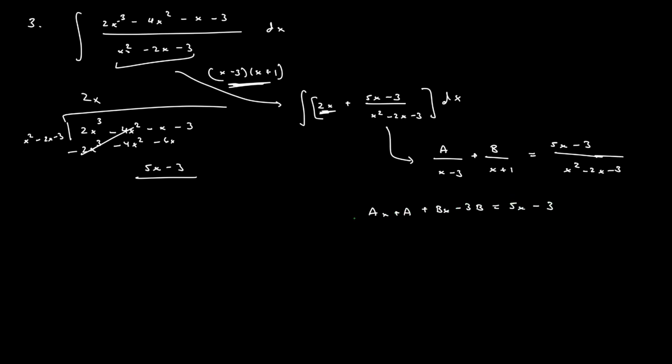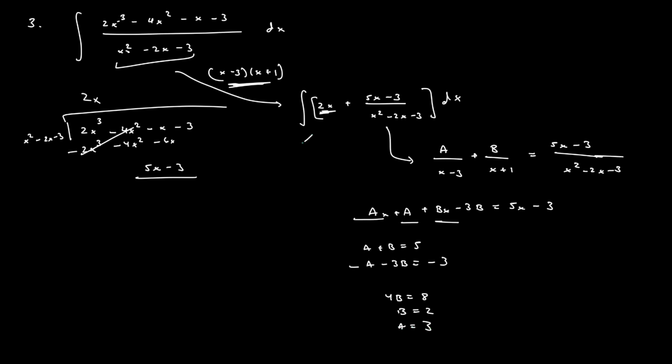Now these are the two terms with the x, so a + b is equal to 5, and then a - 3b is equal to -3. Subtracting, I get 4b is equal to 8, and therefore b is equal to 2, and a is therefore equal to 3.